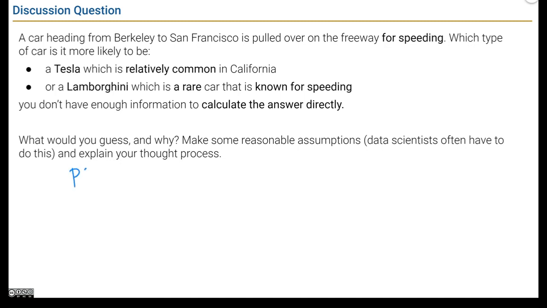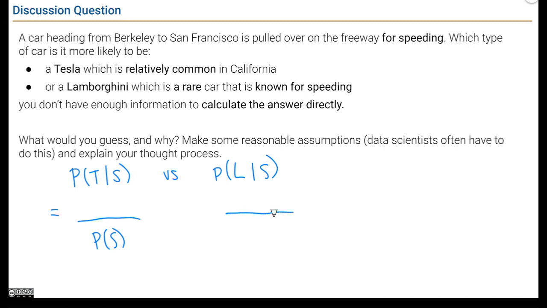All right, my thought process is I'm looking for the probability it's a Tesla given it's speeding versus the probability it's a Lamborghini given that it's speeding. Okay, and so if I use Bayes, the probability of a Tesla given it's speeding, well, my denominator is going to be probability of speeding, but that's going to be true over here too. So really the numerator is going to be the difference.